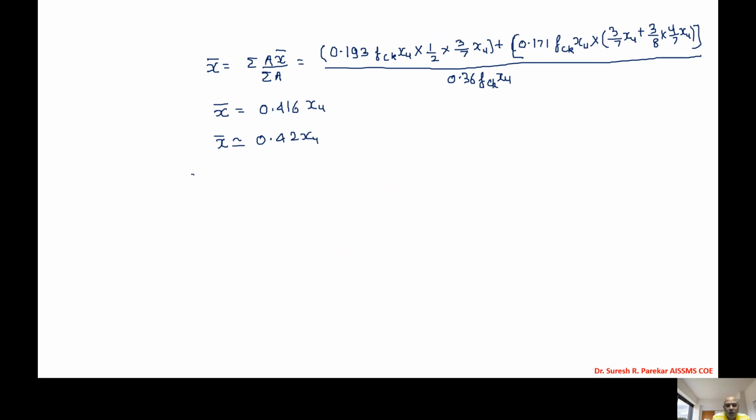So Cu, the compressive force, will act at 0.42 xu. The exact value we can write in brackets, 0.416 xu. Now, is it in the rectangle or in the parabola? Now we can see the diagram in this fashion.